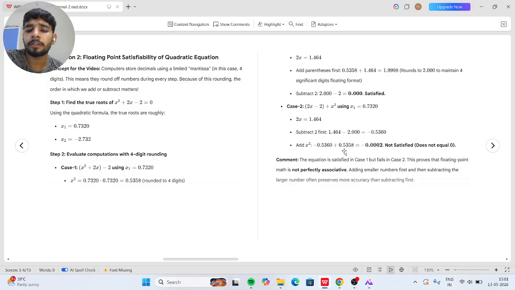Not satisfied because it does not equal 0. This equation is satisfied in case 1 but fails in case 2. This proves that floating point math is not perfectly associative. Adding smaller numbers first, then subtracting the larger number often preserves more accuracy than subtracting first.